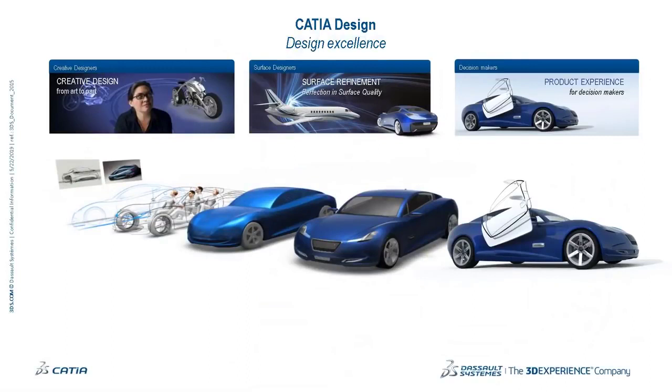CATIA Design itself, you could divide into 3 main columns. We have the creative design, where it starts with your ideation, your sketching in 3D, your creative sculpting.